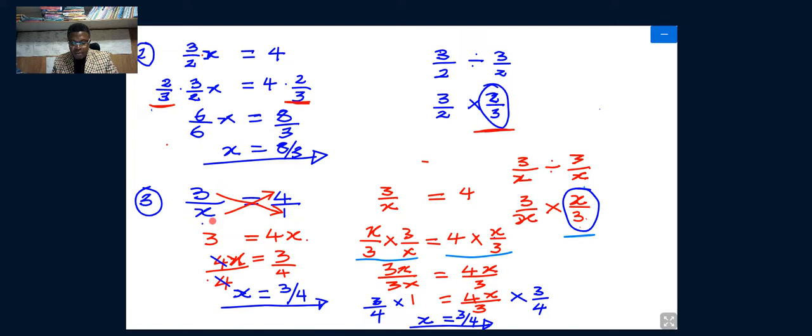The denominator of the left hand side will multiply the numerator of the right hand side, and the numerator of the left hand side will multiply the denominator of the right hand side.